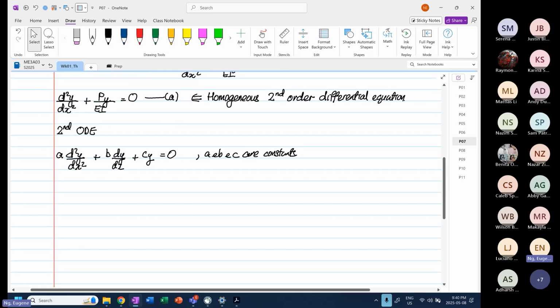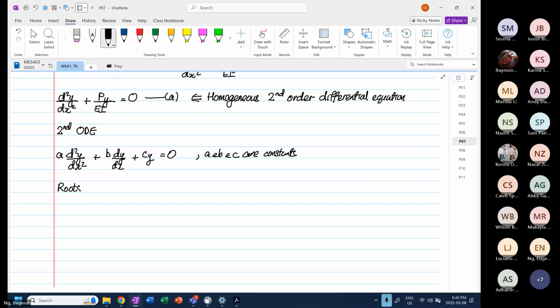So we know a way of solving it. We know that the roots are equal to minus b plus or minus the square root of b squared minus 4ac, over 2a.